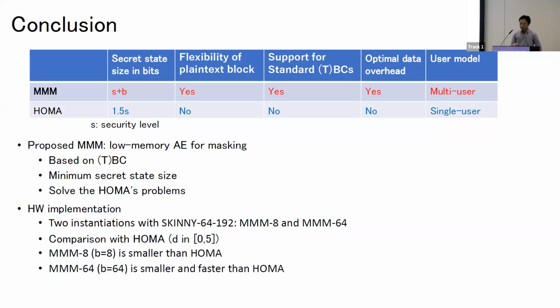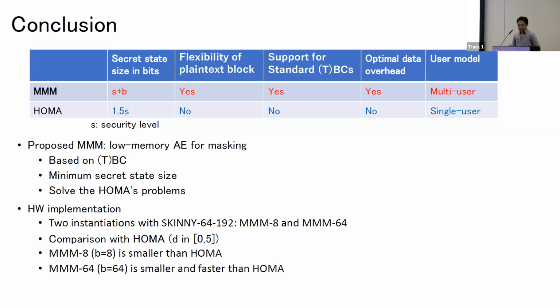Okay, so this is the last slide. We propose a low-memory AEAD scheme for masking, M. It is based on a tweakable block cipher or block cipher, and the secret state size is minimum, and M solves all the HOMA problems.